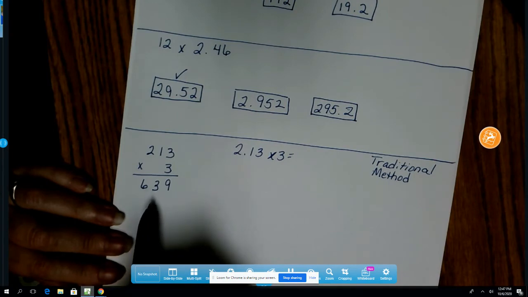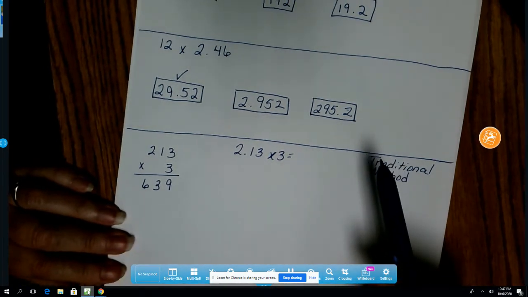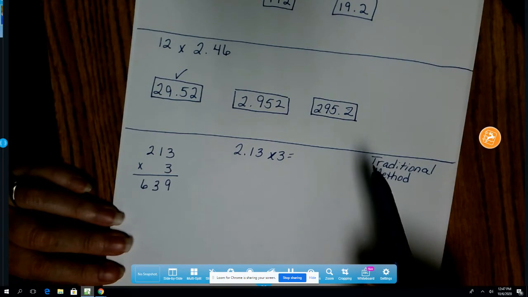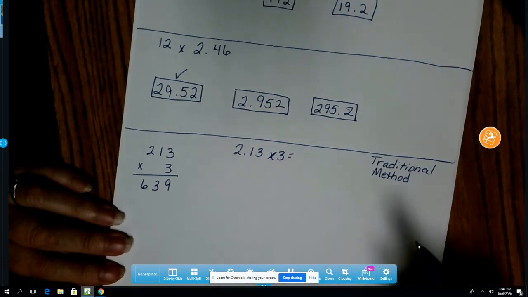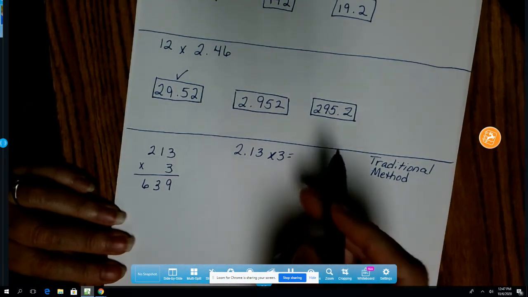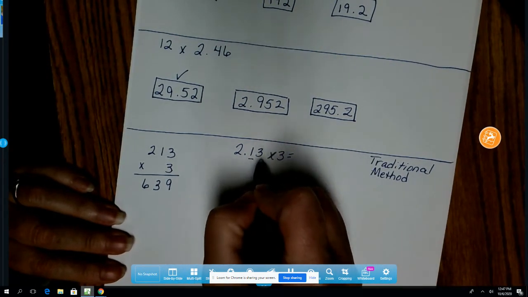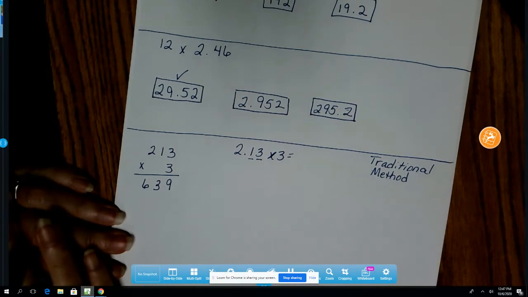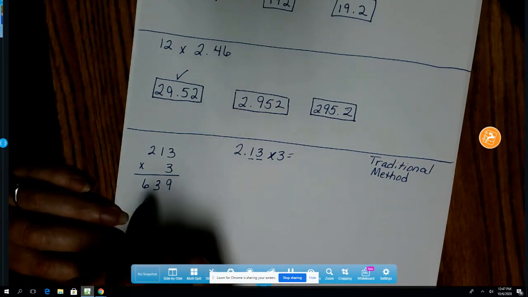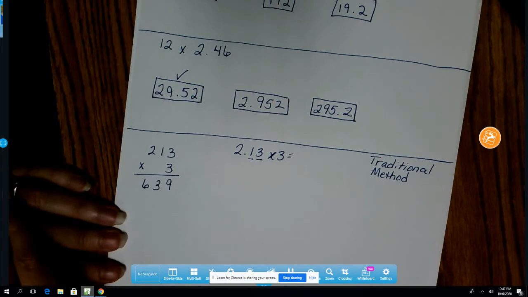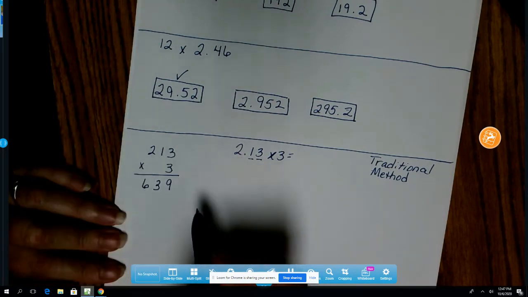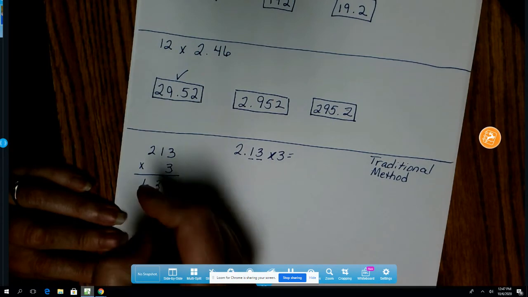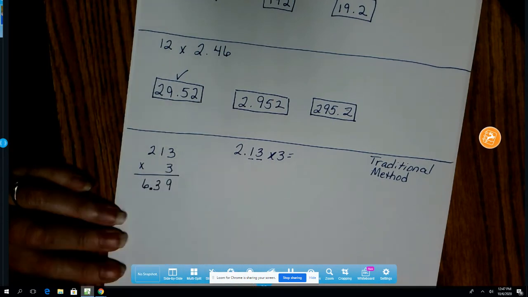So the way that I'm going to do this is to count how many places have a digit after the decimal in my problem. So I have 2 place values after the decimal. And so that means I need to have 2 place values after the decimal in my answer. So there's 1, 2, my decimal goes here.